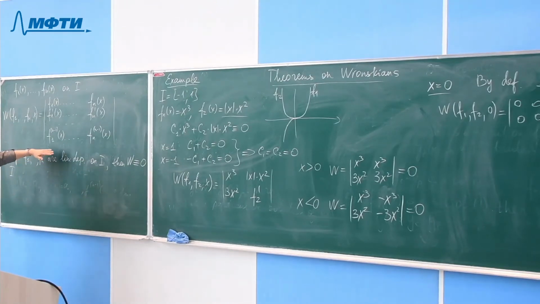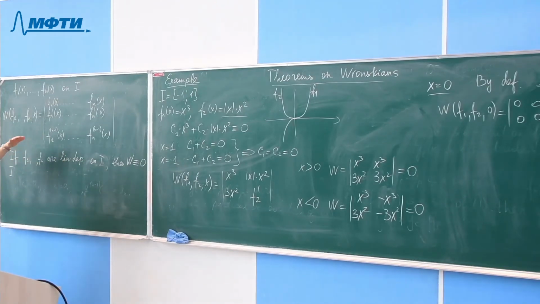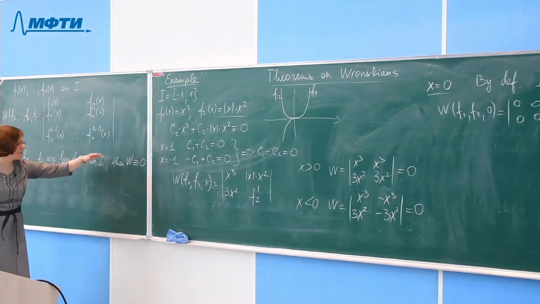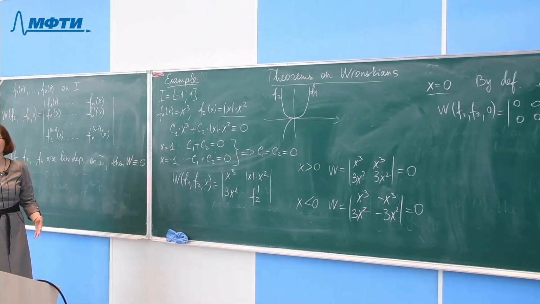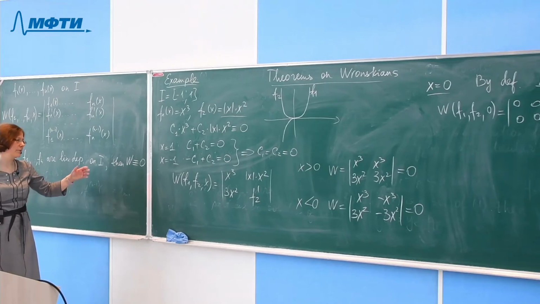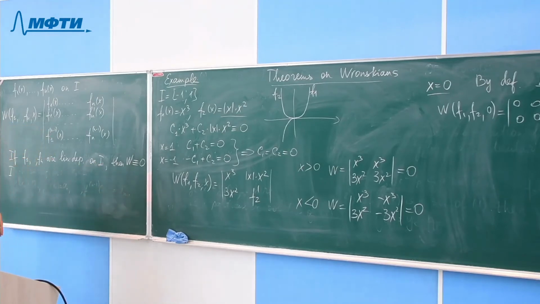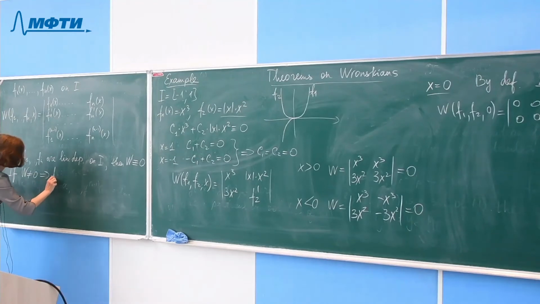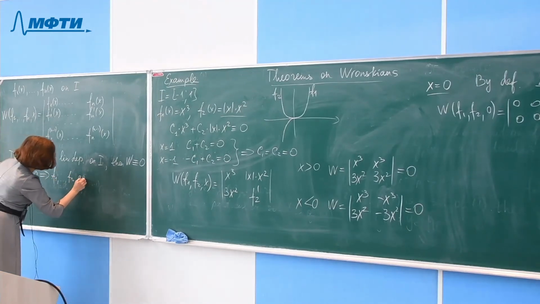So we have only this implication. If the functions are linearly dependent, then the Wronskian is 0. But we can use this statement in the reverse order. So using the logic, if the Wronskian is not 0 at some point, then the functions are linearly independent.